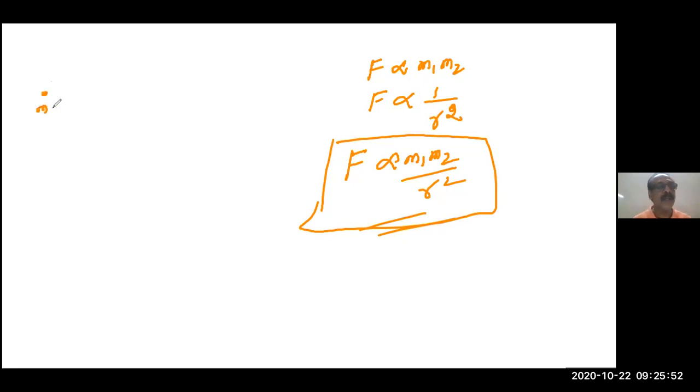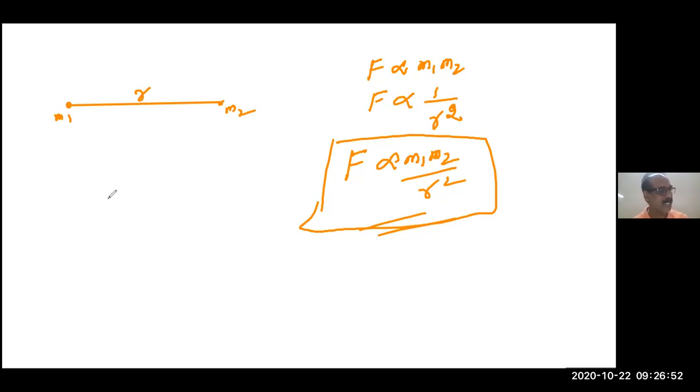Let M1 and M2 be the 2 point masses separated by a distance r.